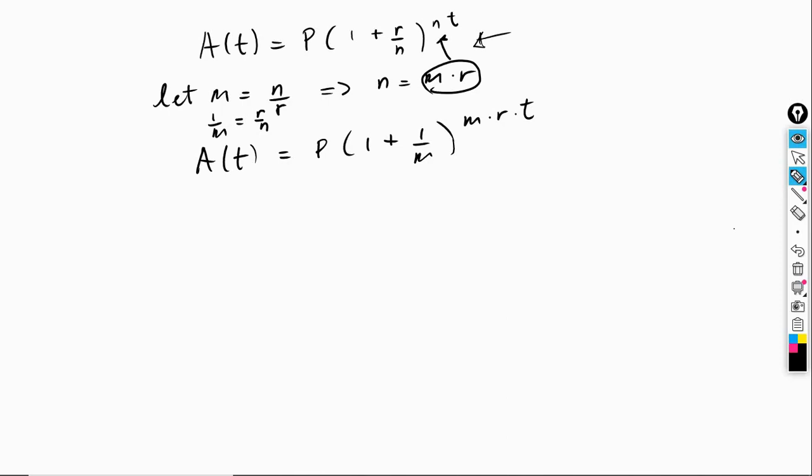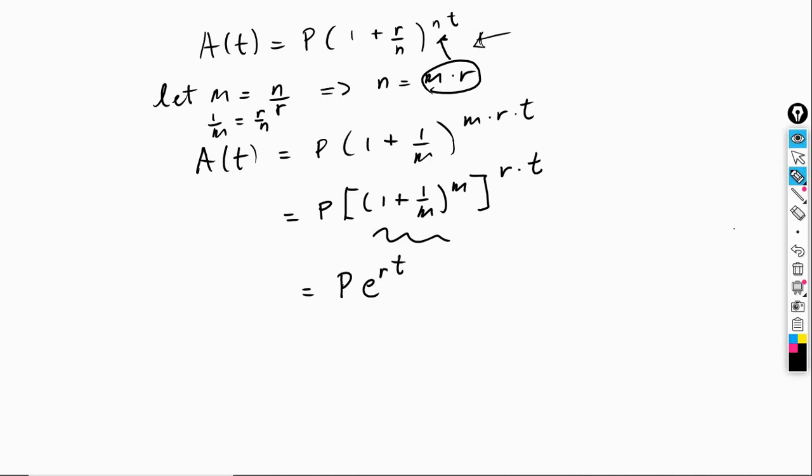Okay, now we can rearrange this as p times 1 plus 1 over m to the m, and this to the power of r times t. But notice that this expression from the previous slide, we learned that this is Euler's number. So we could rewrite this as p times Euler's number to the power of r times t.